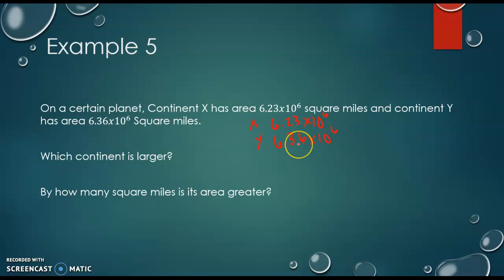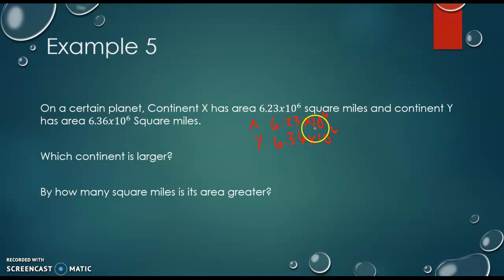Pretty easy to compare. If they have different exponents, the bigger exponent is going to be the bigger number, and that includes negatives. So if it's 6 and -6, then the 6 is going to be bigger. Or if it's -1 compared to -10, -1 is bigger.